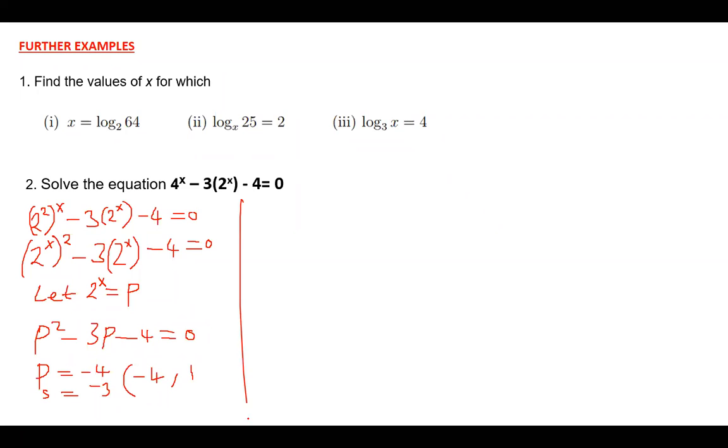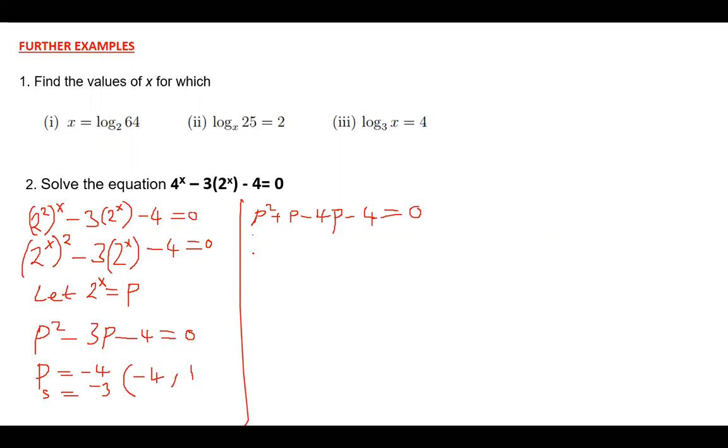So we proceed solving it from this side. We're going to have p squared. We put in the factors: p squared plus p minus 4p and then minus 4 is equal to 0.